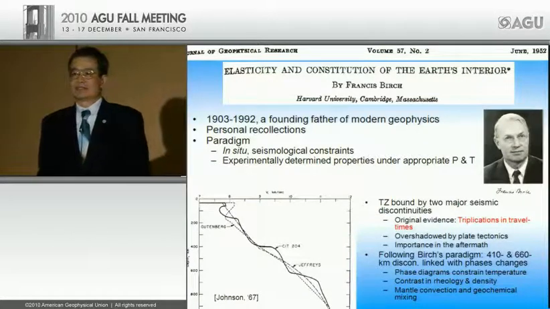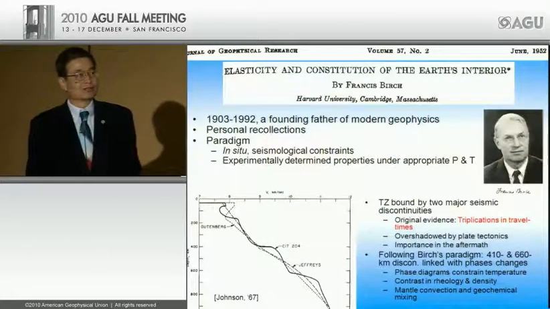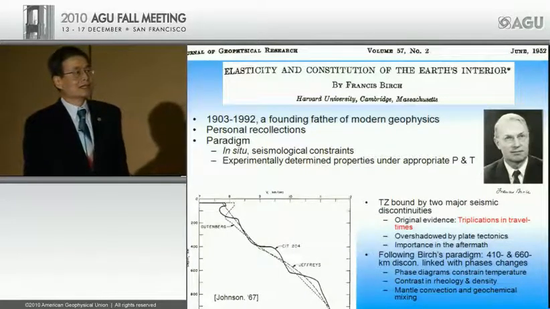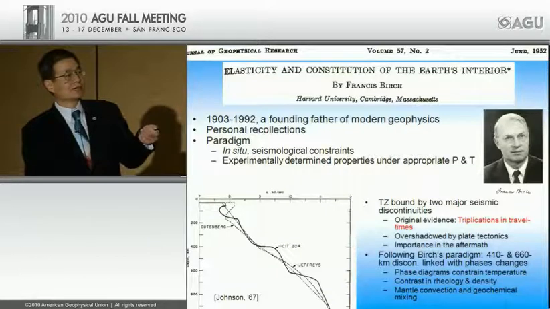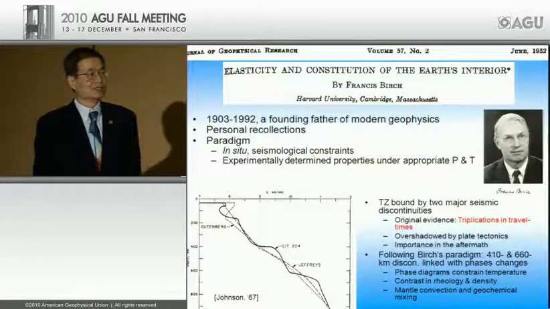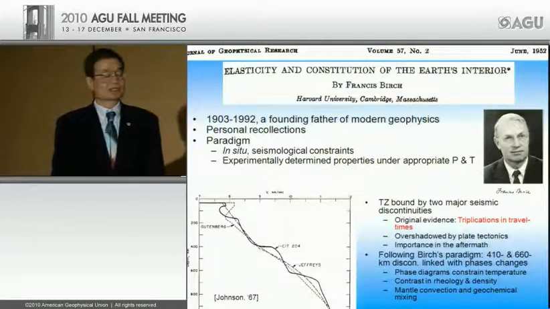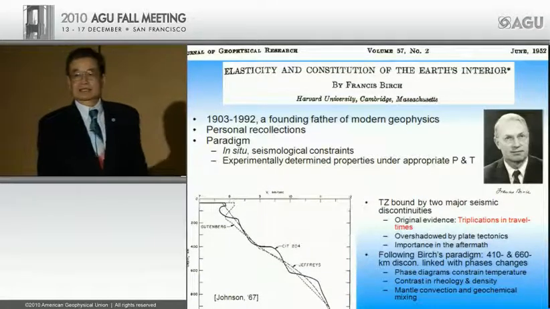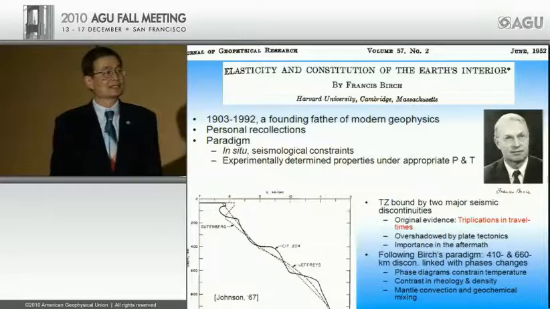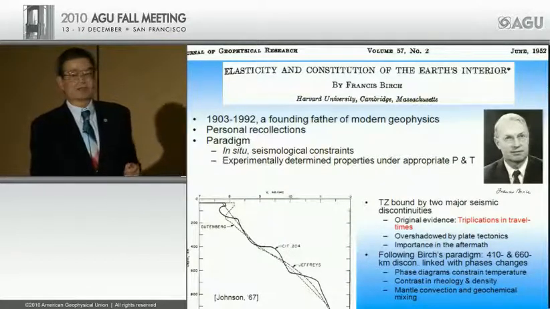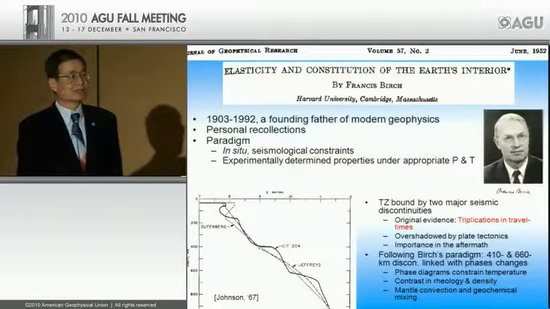Now, 15 years after Birch published this paper, there was another very important discovery, namely that the transition zone between the upper mantle and the lower mantle is indeed bound by two sharp seismic discontinuities at depth of approximately 410 and 660 kilometers. This discovery did not get too much press because at that time plate tectonics was really going strong. But in the aftermath of plate tectonics, this is really important.